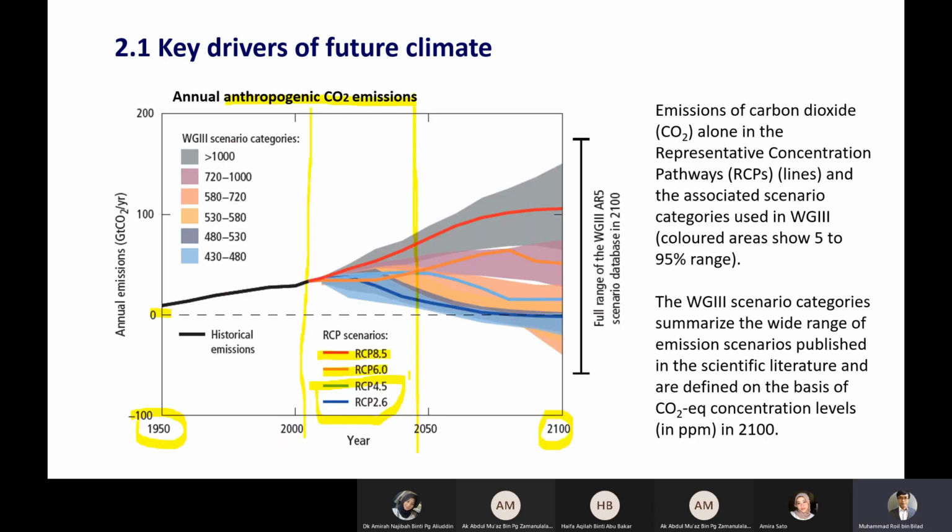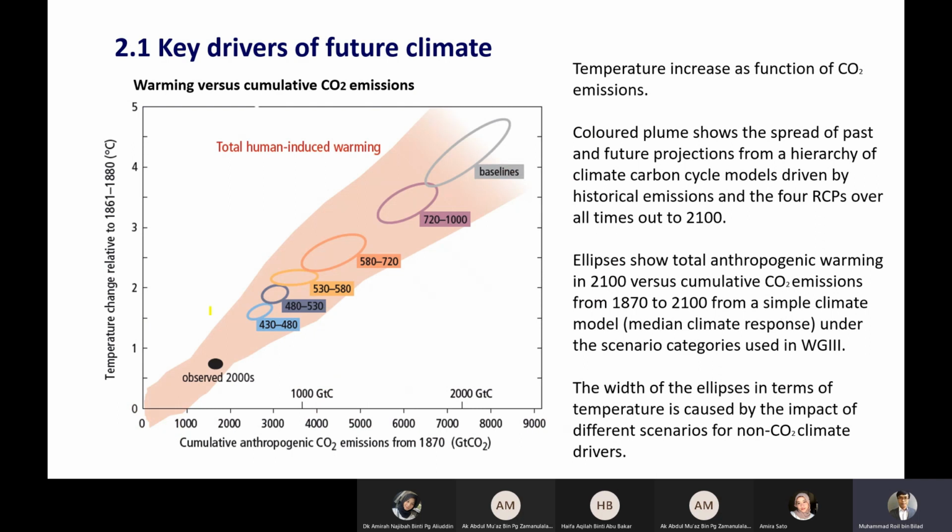If we go to the baseline here, the baseline represents if we don't do anything. If we don't do anything, it will lead us to this concentration and to this temperature. It will rise up to about 4 to 5 degrees C. If we don't do anything, the global temperature will rise by that.